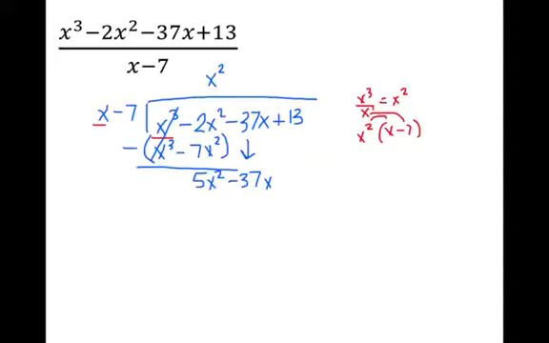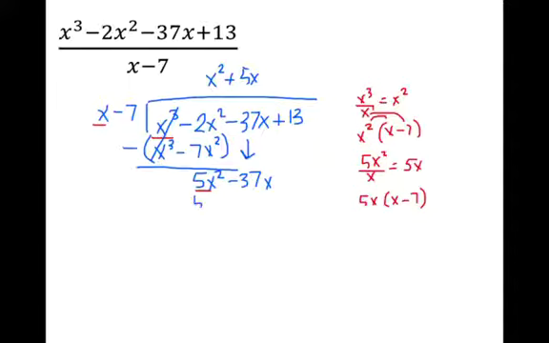I want to know how many times does x go into 5x squared? Well, 5x squared divided by x is 5x. So I'm going to say plus 5x, and then I'm going to multiply 5x by x minus 7.